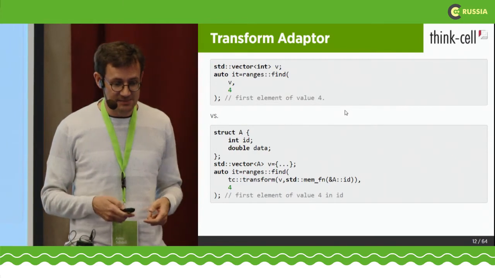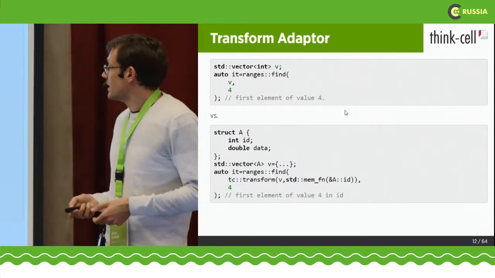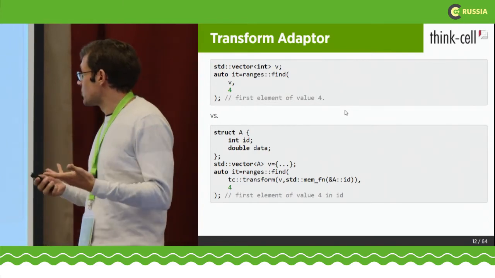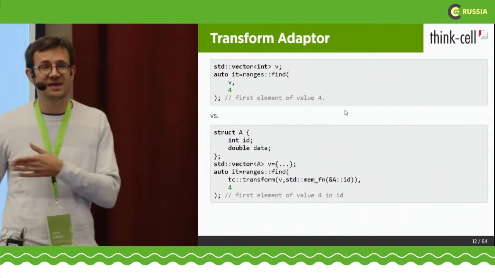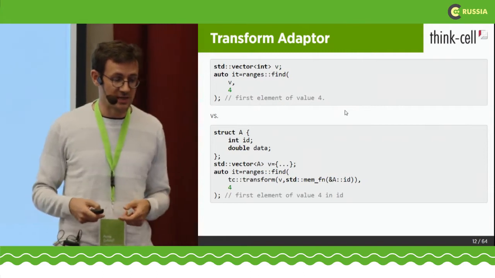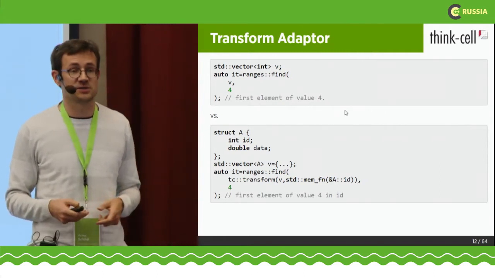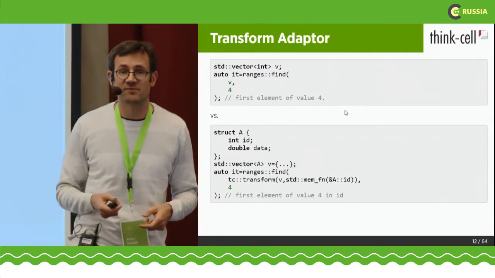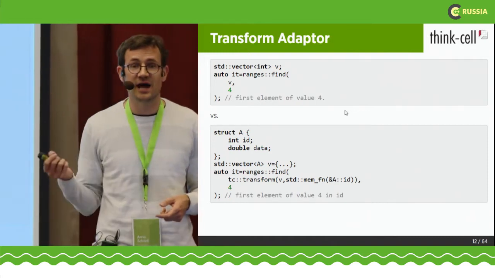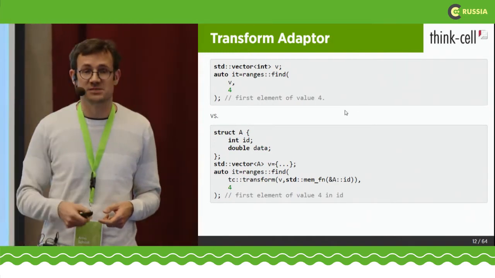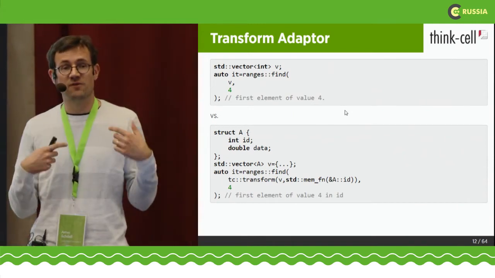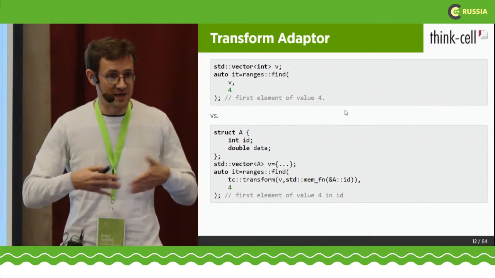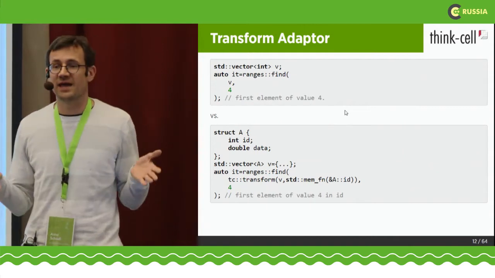What it does is you can transform a given range with a given function. Down here, you are doing a transform of the vector, and you're plugging in a std::mem_fn that extracts the ID from the elements of the vector. The important thing here is that when you are invoking transform, nothing happens.